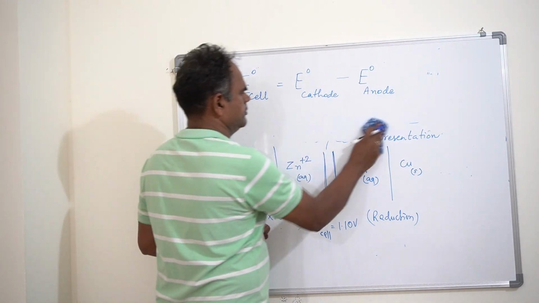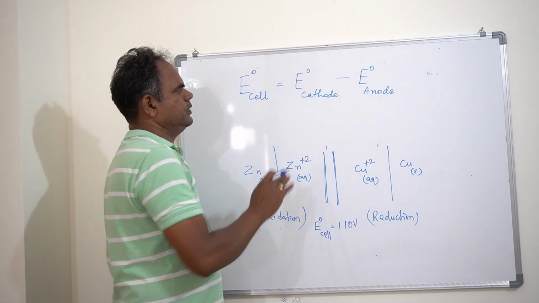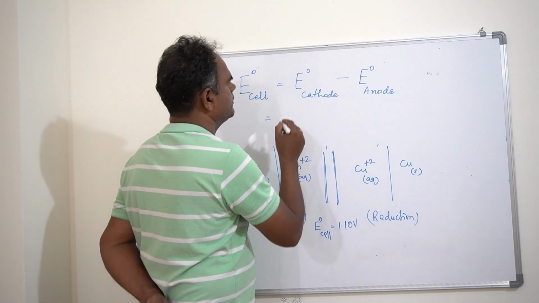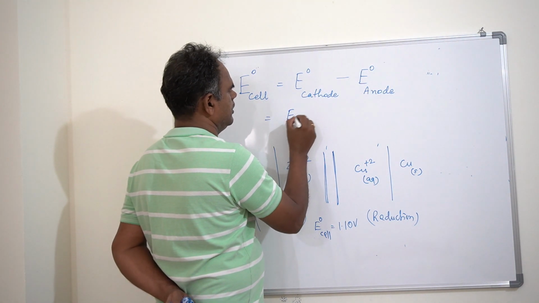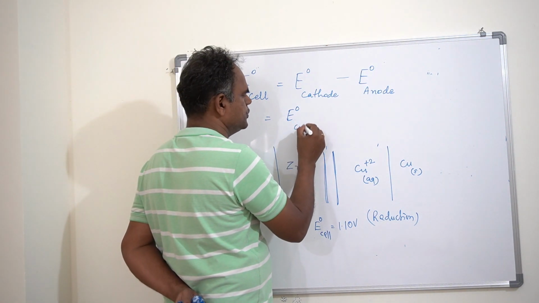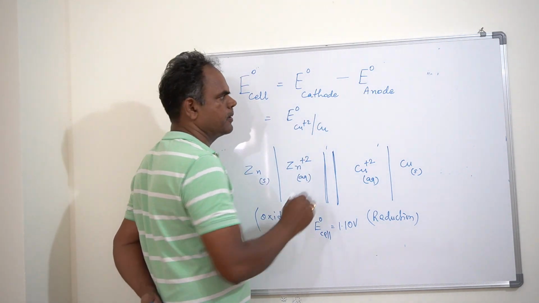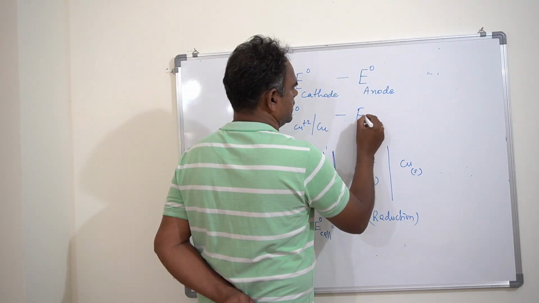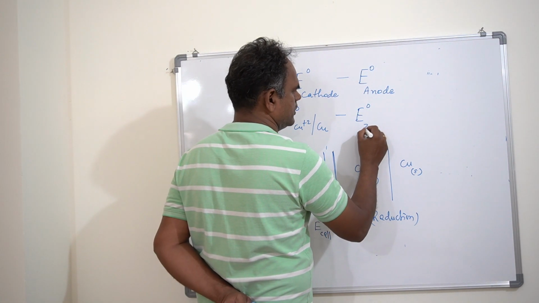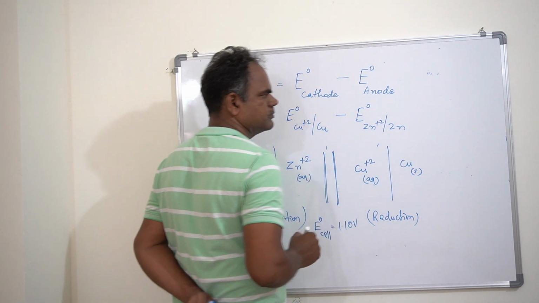So now here I am writing E naught cathode. At the cathode what is happening? Cu plus 2 getting reduced to Cu, minus the standard electrode potential of the anode, Zn plus 2 getting reduced to zinc.